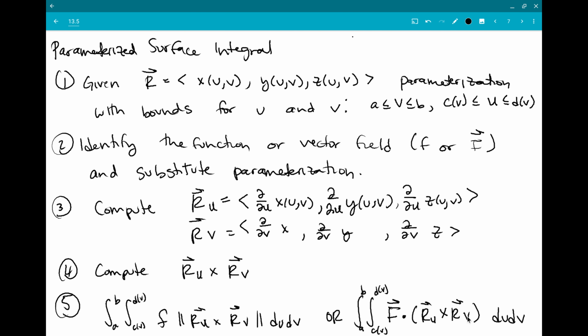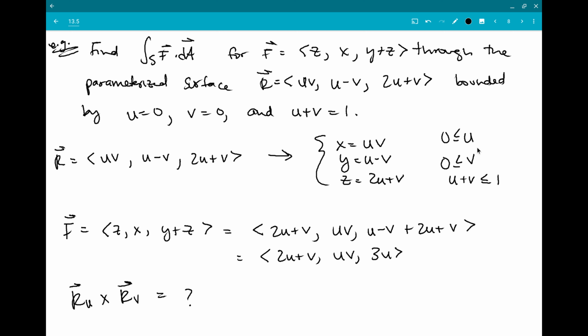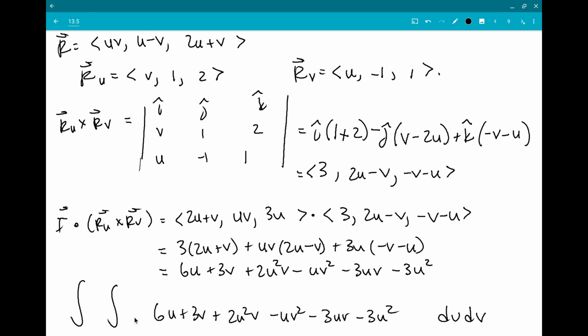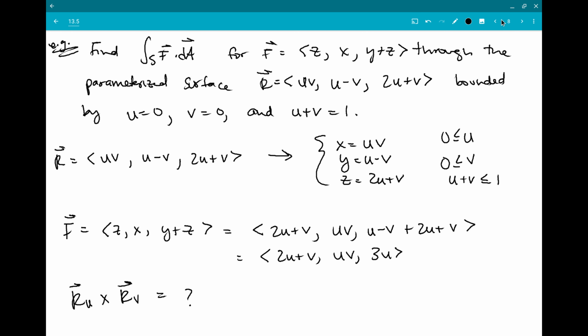I plugged in this part. I said this is a 2D integral, and we're just looking for those bounds. We know that we're bounded by u equals 0, v equals 0. So let's put that in. My u component goes first, so I need a bound for u in terms of v. That's easy: u is less than or equal to 1 minus v.